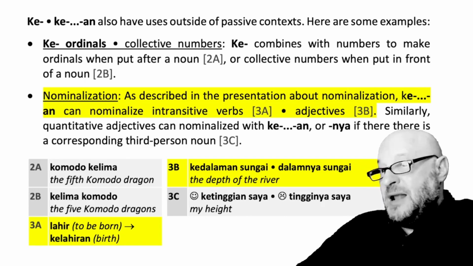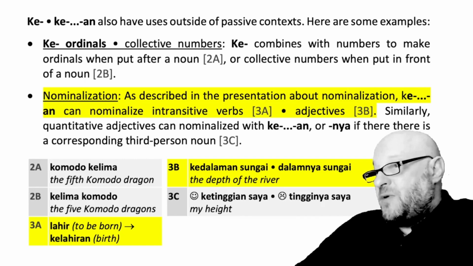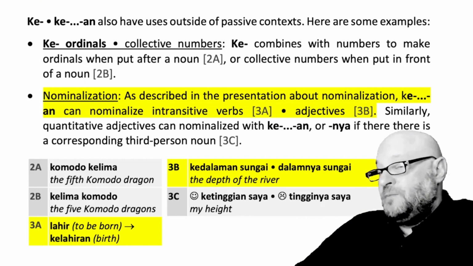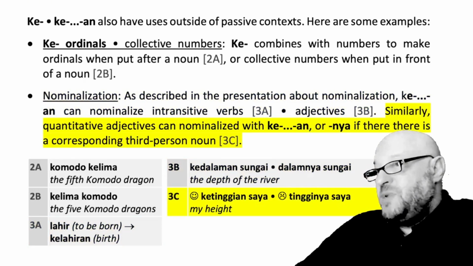Example 3a, lahir, to be born, turns into kelahiran, birth. Example 3b, kedalaman sungai, the depth of the river, can become dalamnya sungai. Similarly, quantitative adjectives can be nominalized with ke-an or nya if there is a corresponding third-person noun.